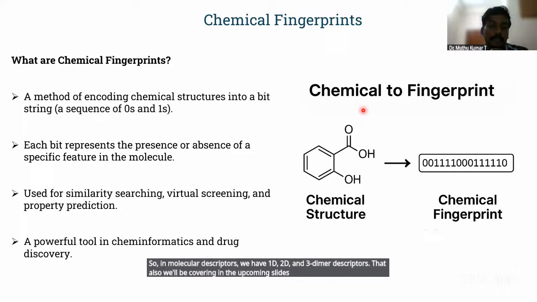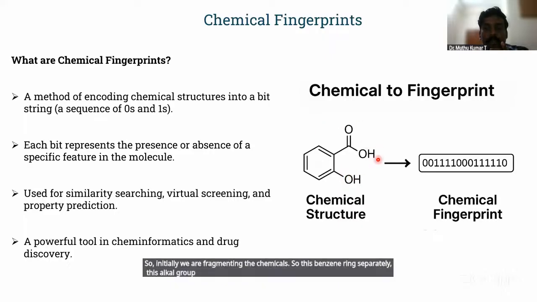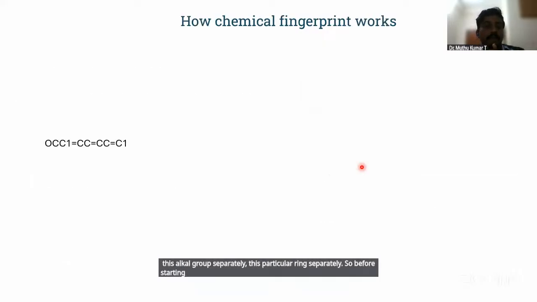So how are these chemical structures converted into these 0s and 1s? Initially, we fragment the chemicals: this benzene ring separately, this alcohol group separately, this particular ring separately. Before starting, we have to fragment the chemical.